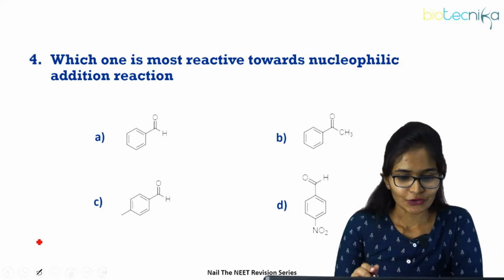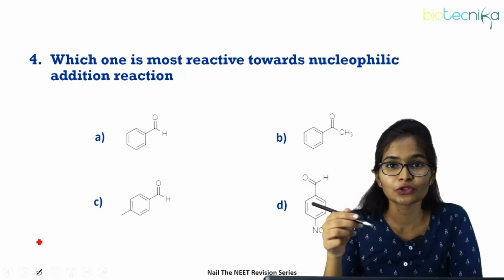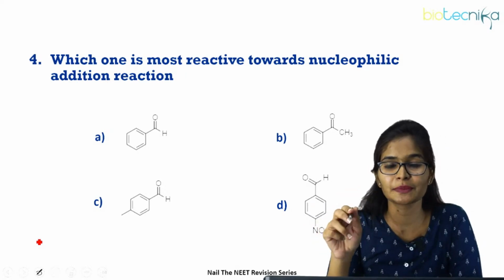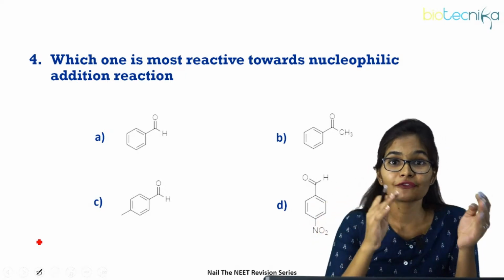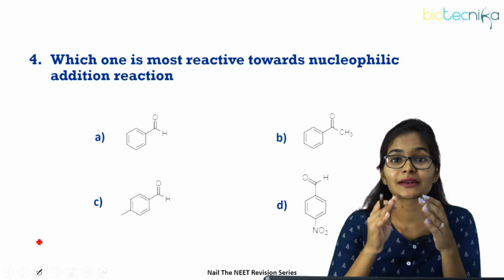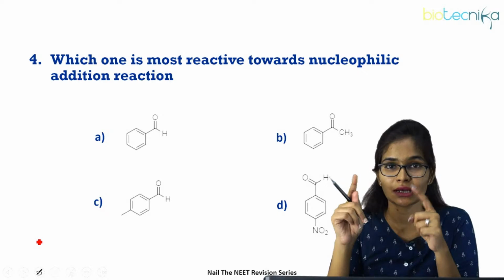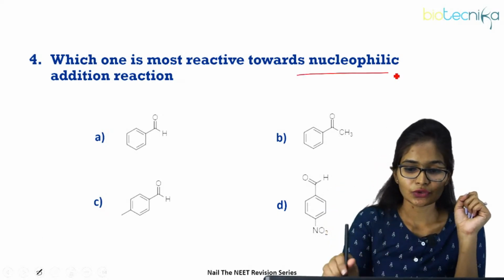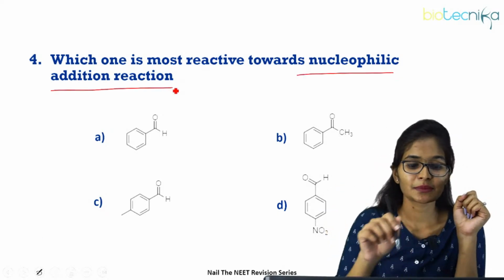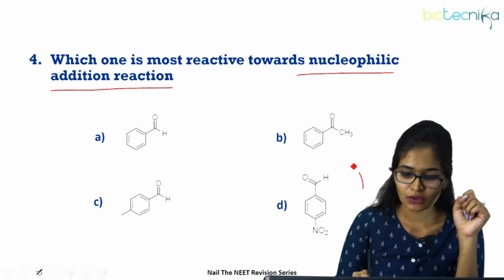I hope that before starting nucleophilic addition reaction, I have explained the chemical reactivity difference between the aldehyde carbonyl carbon and the ketone carbon. Nucleophilic addition reaction is most reactive with respect to aldehydes.